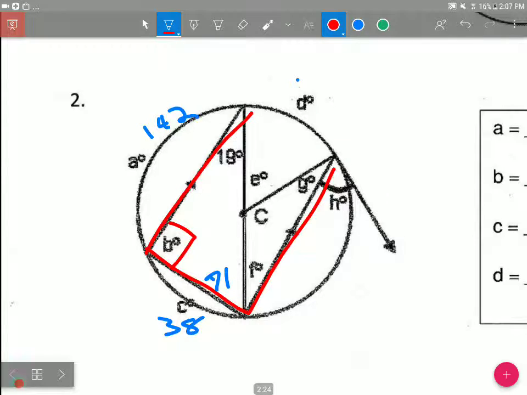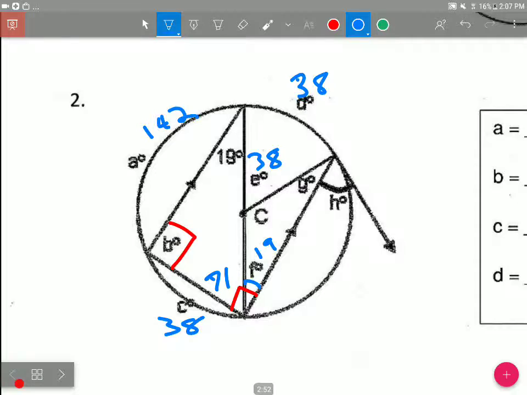So if that's 90 degrees, this is also 90 degrees, which means if this is 71, that's got to be 19. This is an inscribed angle for that, so double that one, so that's got to be 38. This is an interior angle to that one, so they're the same, so this is also 38.